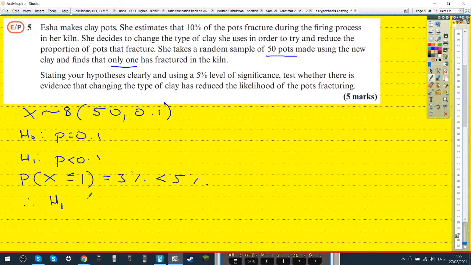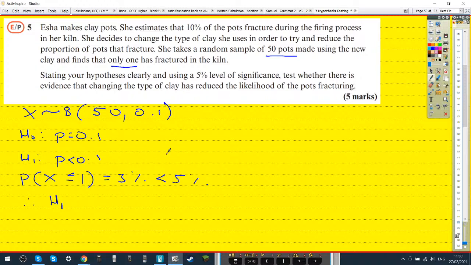So you got it right up until the very end. So it did work. Yeah, she was trying to reduce her fracture rate. 10% of 50 pots is 5 pots. And so, all things being equal, you expect about 5. You got only 1. Was that random chance, or was it because it worked?